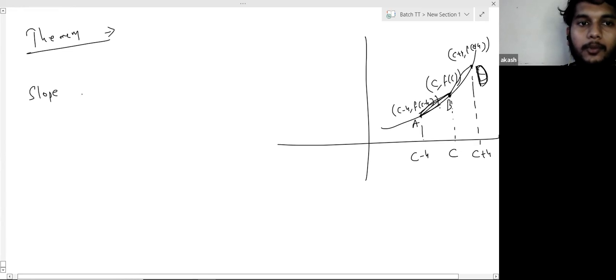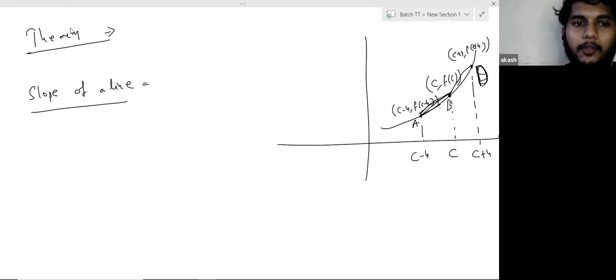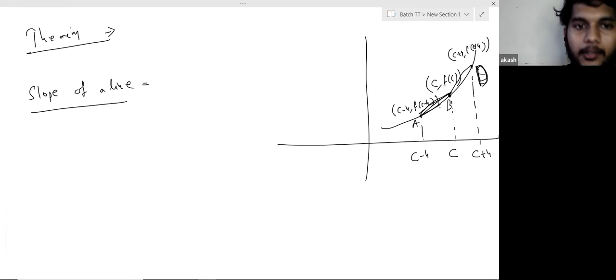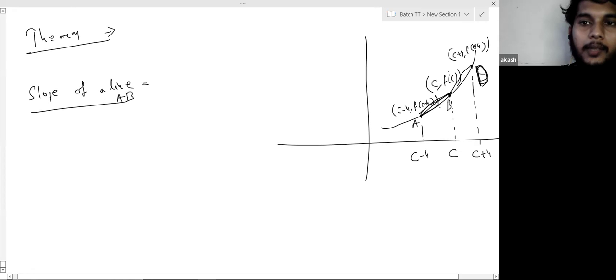What is the formula for the slope of a line? Y is equal to mx. No, that is the equation of a line in slope form, right? Y2 minus Y1 divided by X2 minus X1. Yes, absolutely right.